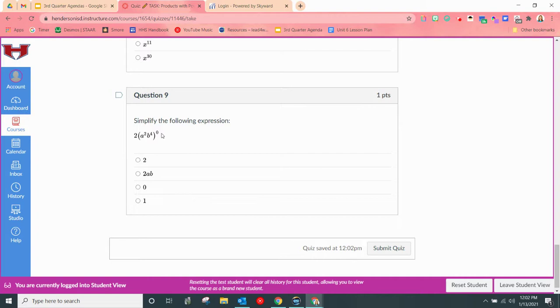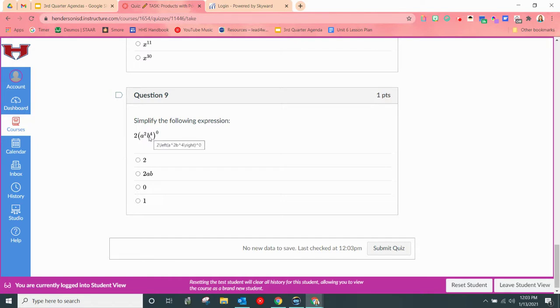And I want you to remember, because we went over the zero exponent, remember this is real important. Everything in the parentheses is raised to the 0 power. So everything in here, when raised to the 0 power, becomes a 1. So this whole stuff right here now becomes a 1. So you have to think 2 is multiplied times this stuff, which I just told you becomes 1.